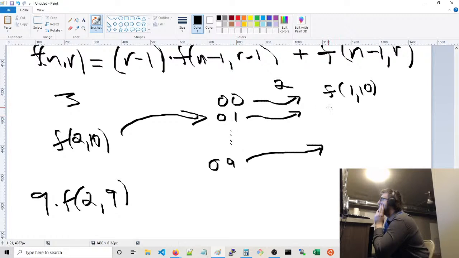Not exactly, actually. These have one less character. Yeah, these have one less character. And there are 9 of these.